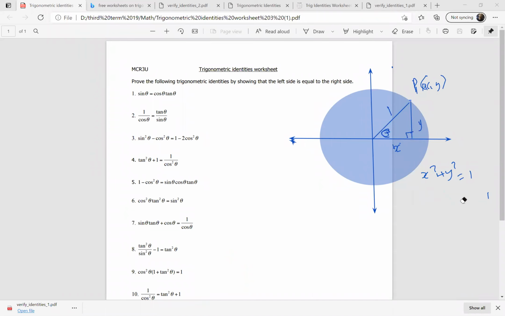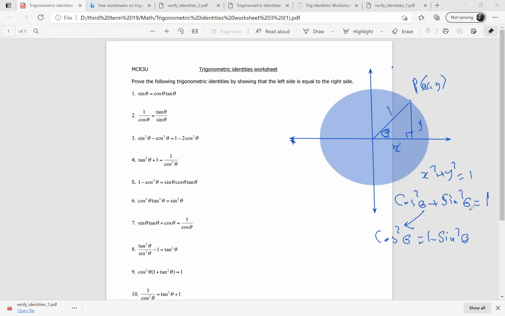So we can write it again as x is cosine, then cosine power of 2 theta plus y is sine, which is sine power of 2 theta equals 1. And we can find cosine squared theta, which is 1 minus sine power 2 theta.